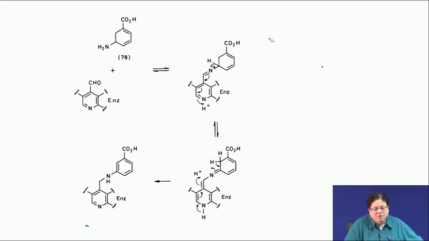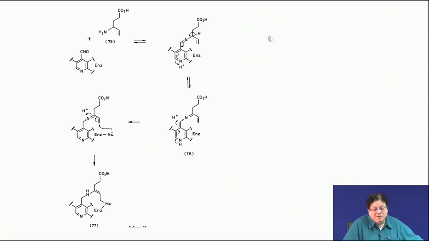Tyrosine is a precursor of a neurotransmitter. Glutamic acid itself is a neurotransmitter. And then from glutamic acid, again there are amino acids which are generated.